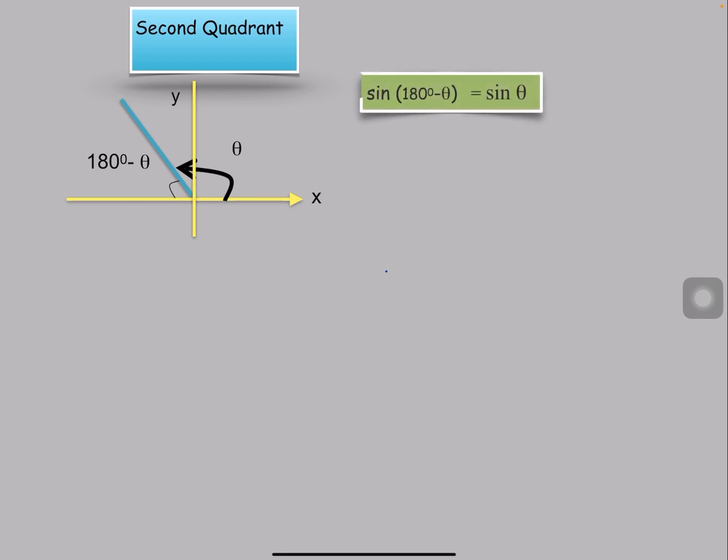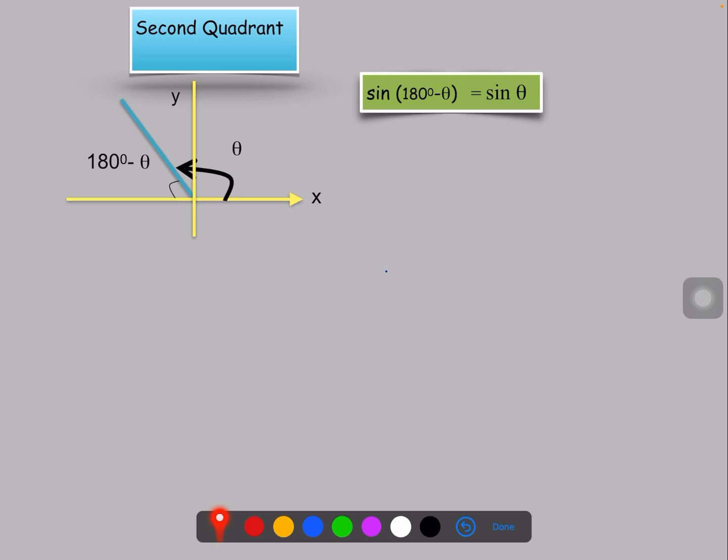So we will have sine 180 minus theta equals sine theta. Cos 180 minus theta equals minus cos theta, because cos in the second quadrant is negative.